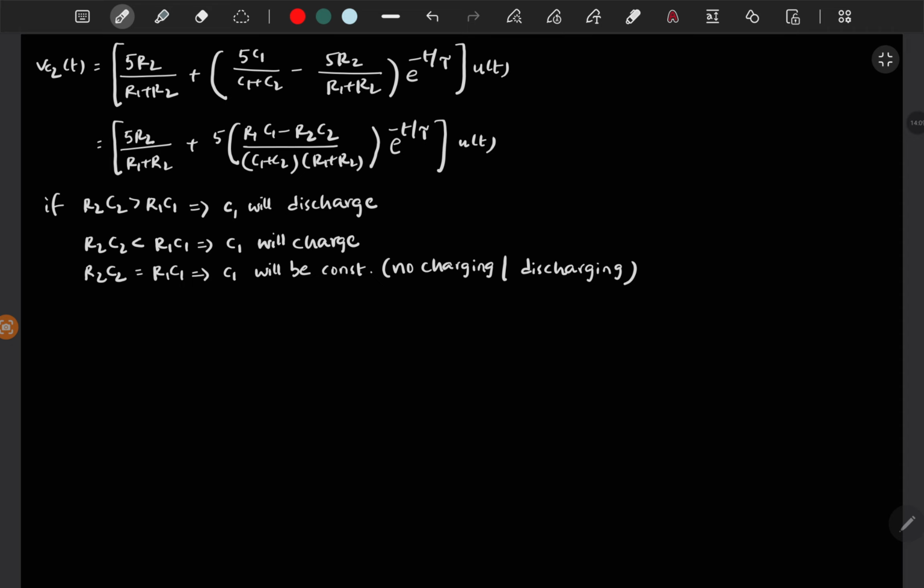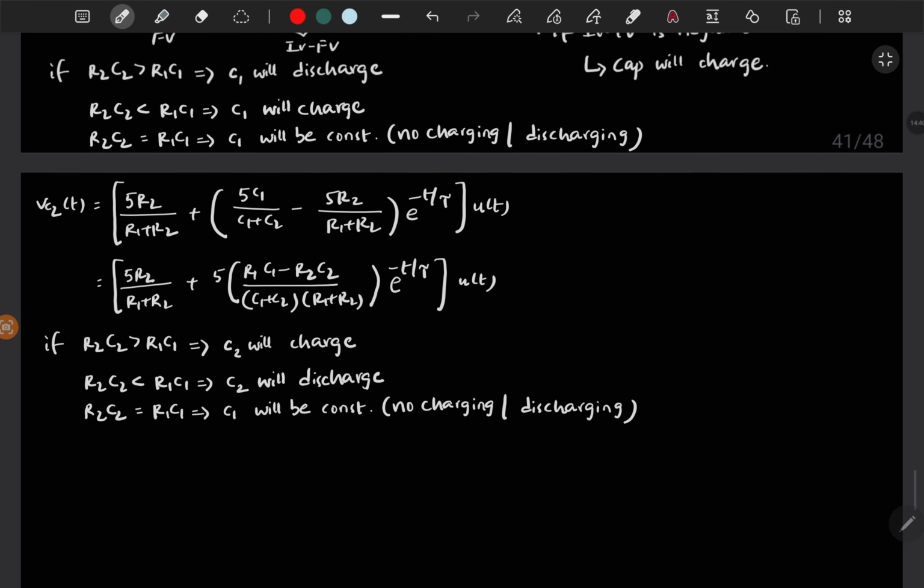So the capacitor C2 will charge. And similarly, if R2C2 is less than R1C1, C2 will discharge. And if R1C1 is equal to R2C2, then there will be no charging and discharging. It will stay at that condition.